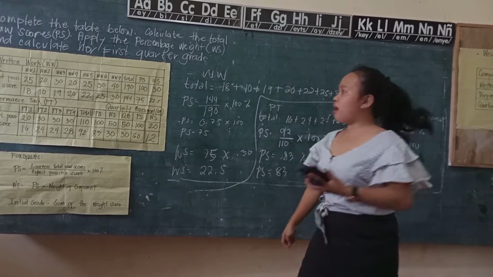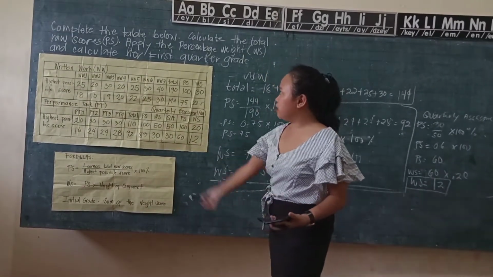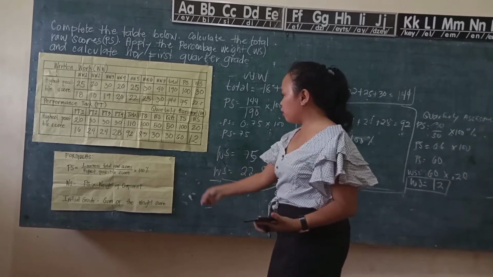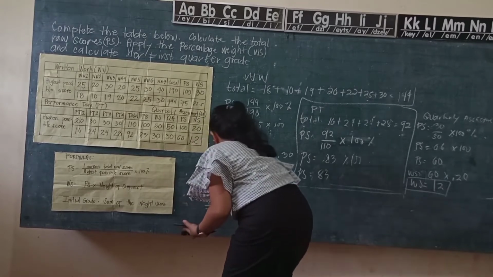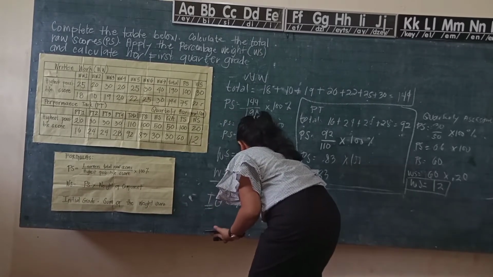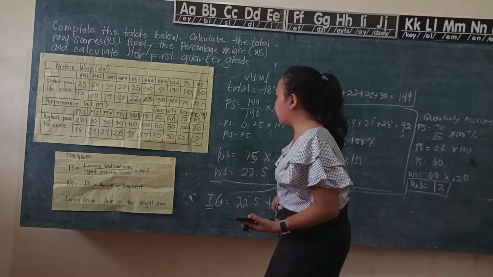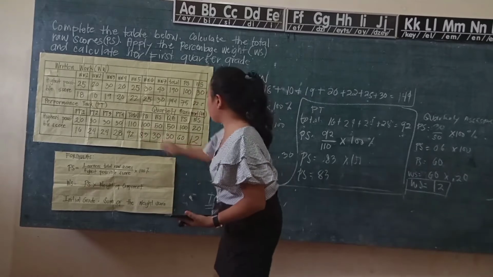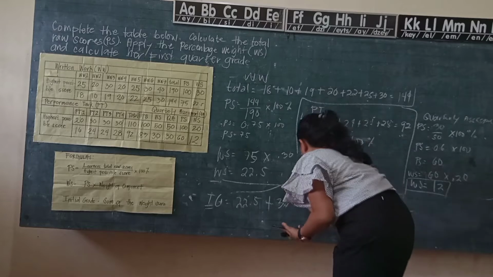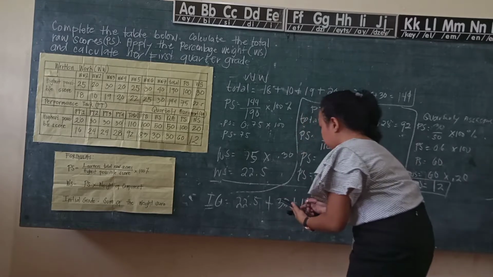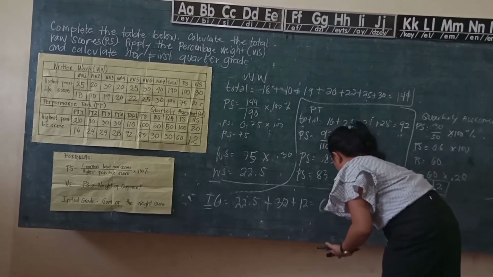So now that we have completed our table, we are going to find the initial grade. The initial grade is the sum of the weighted scores. So 22.5 plus the weighted score in performance task, which is 30, plus 30, plus 12 equals 64.5.